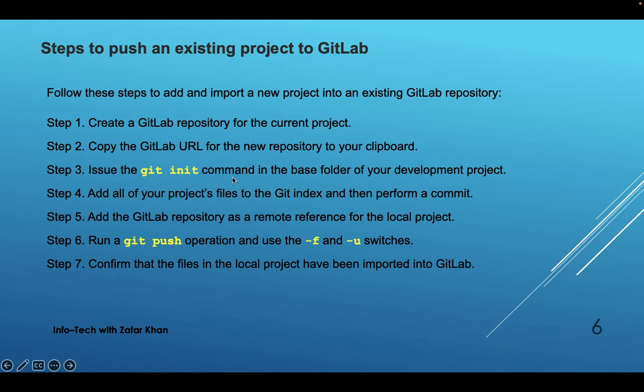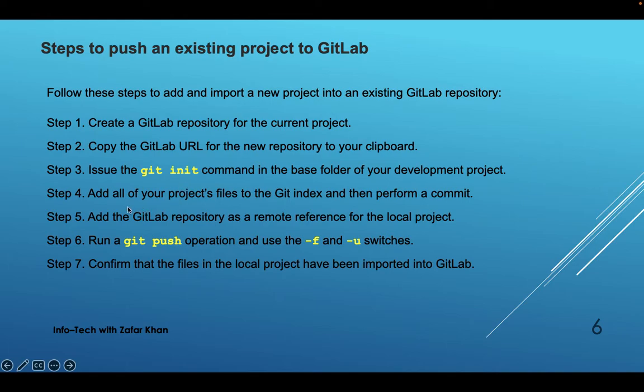Then issue the git init command, which means execute git init in the base folder of your development project. Once you have Git installed and everything set up, you create a folder, and that is the base folder for your development project. There you can initialize that folder with the command git init.